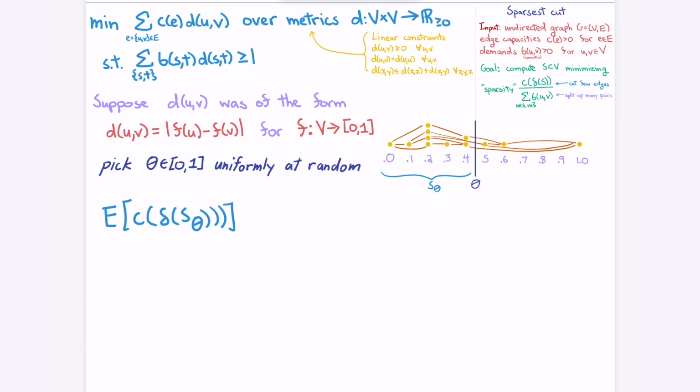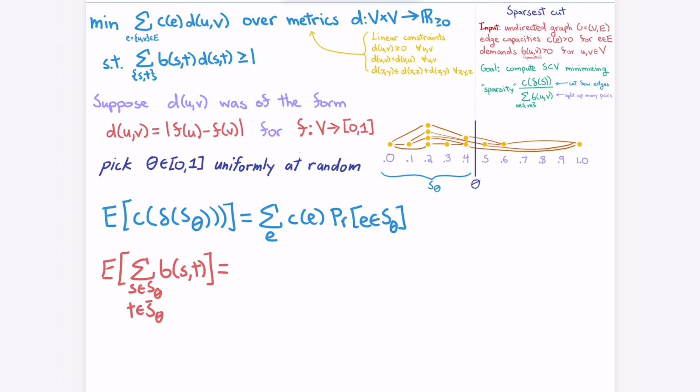So the expected number of edges that are cut, where S sub theta is whatever is on the left side for a particular value of theta, is given by linearity of expectation, exactly the same as before.